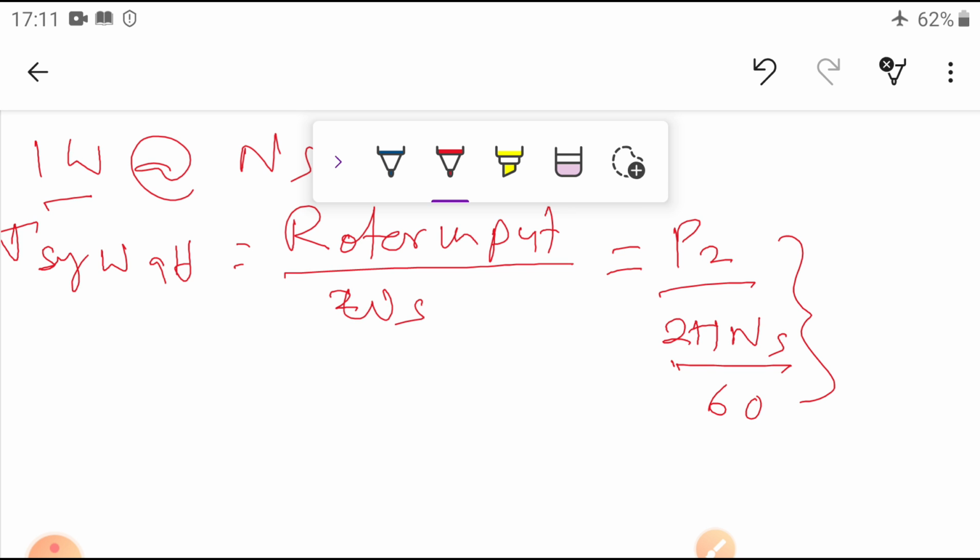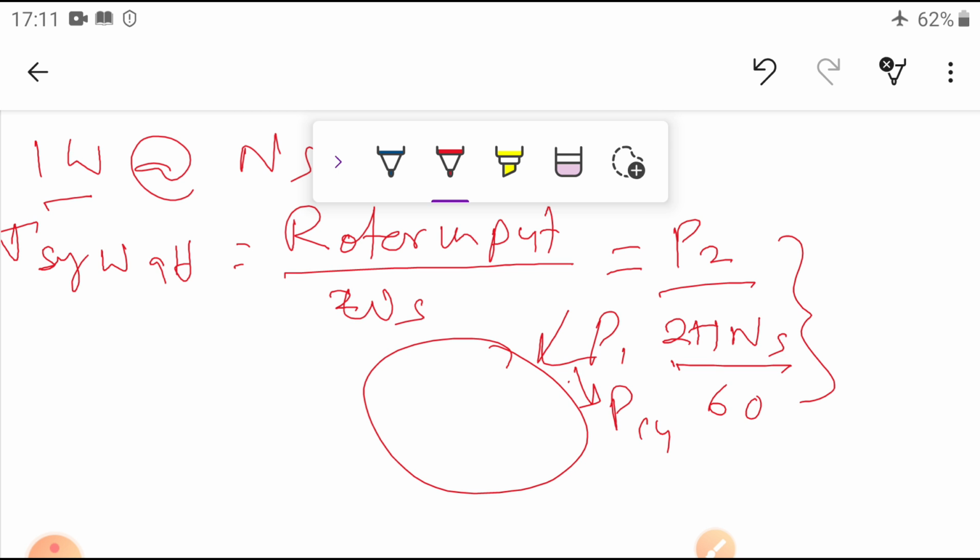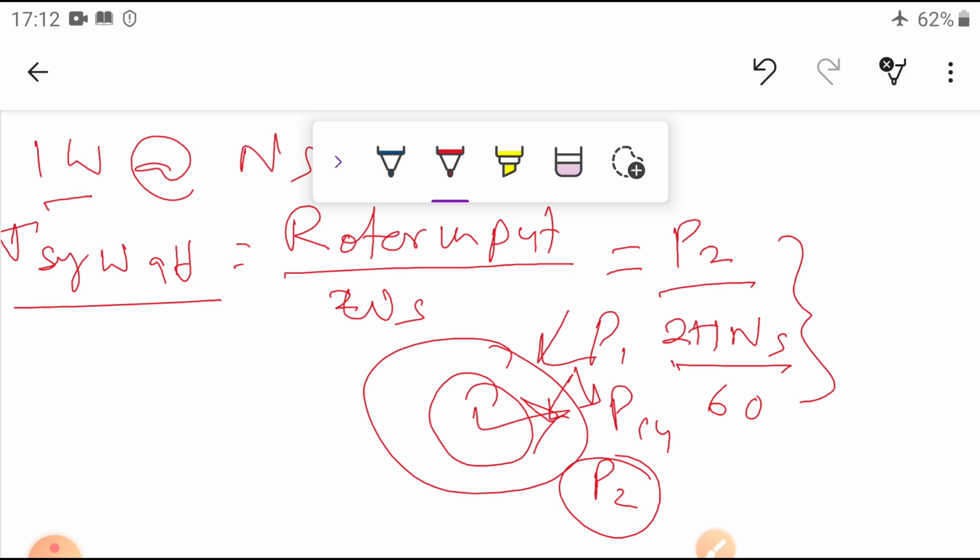Don't confuse it: the synchronous watt of an induction motor equals the power transferred across the air gap to the rotor. Whatever P1 is given, after removing the stator copper losses and other losses, the remaining P2 is nothing but the synchronous watt. It is the power transferred across the air gap to the rotor to develop the mechanical energy. Okay, so this is the synchronous watt.